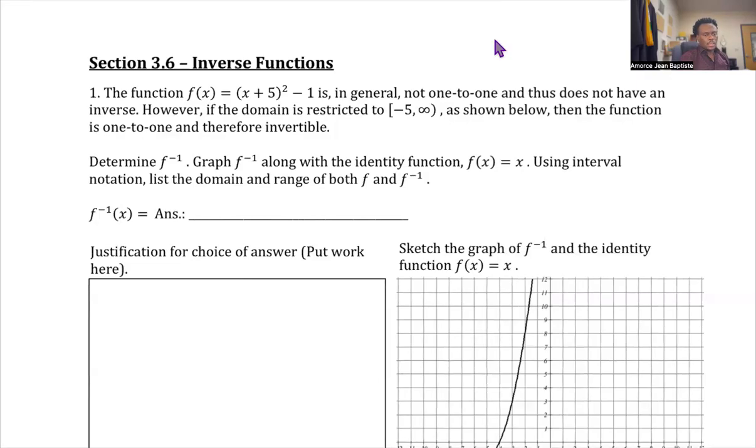This section is about inverse functions. So when working with functions, you may be asked to not only determine whether the function has an inverse or not, but also graph the inverse of the function and the actual function, the function and its inverse in the same coordinate system.